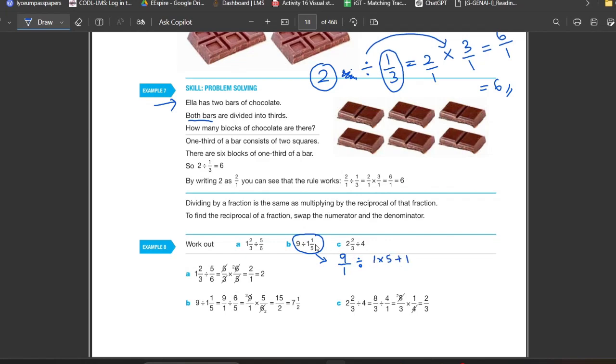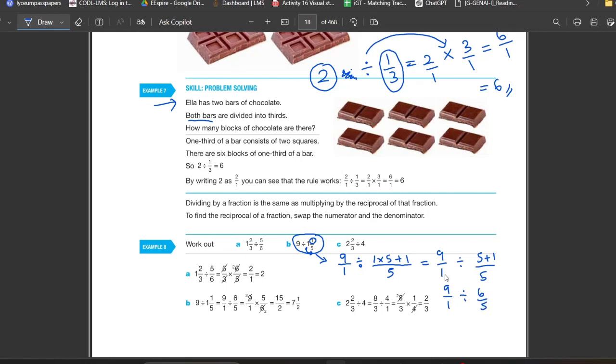I told you before, you first multiply these two and add this one. The denominator doesn't change, that's 5. So we can write this as 9 over 1 divided by 5 plus 1 over 5, so that's 9 over 1 divided by 6 over 5.